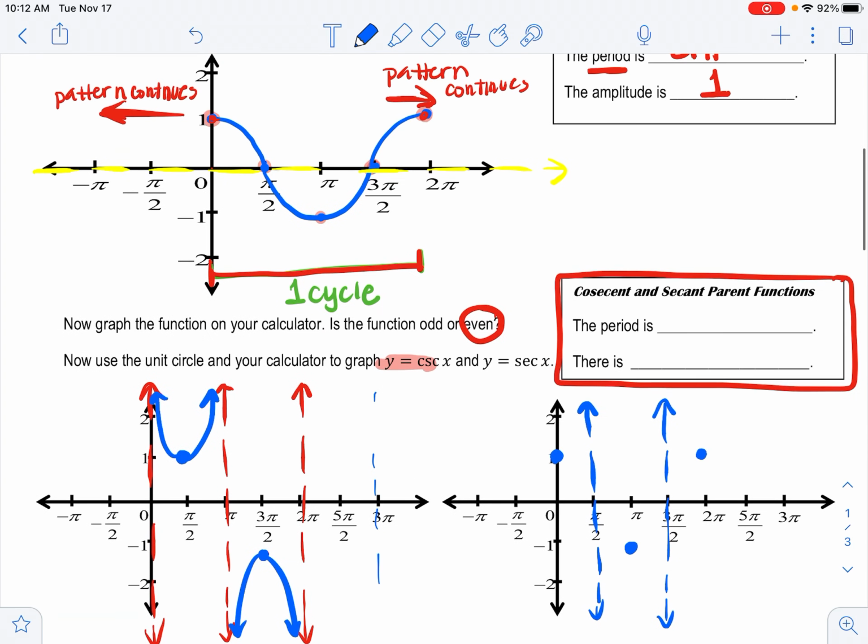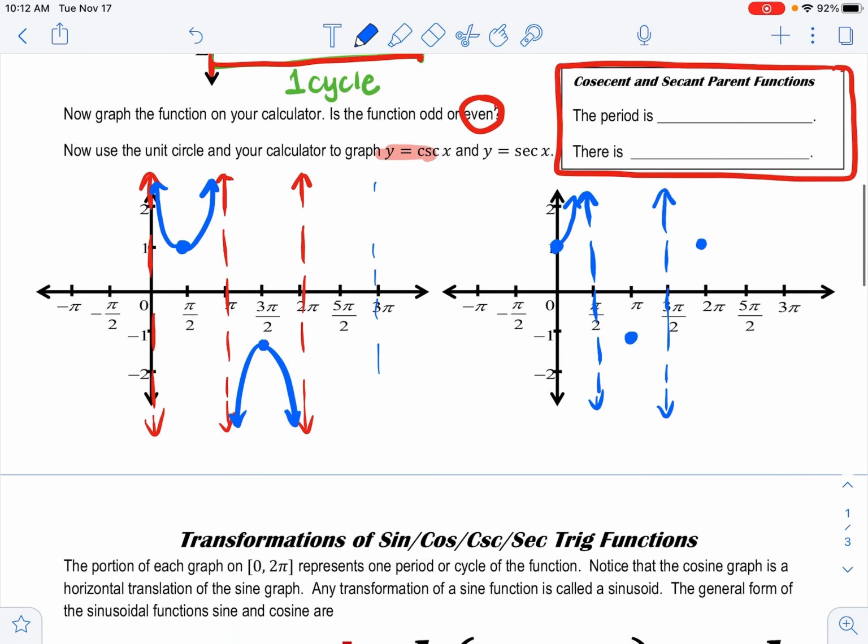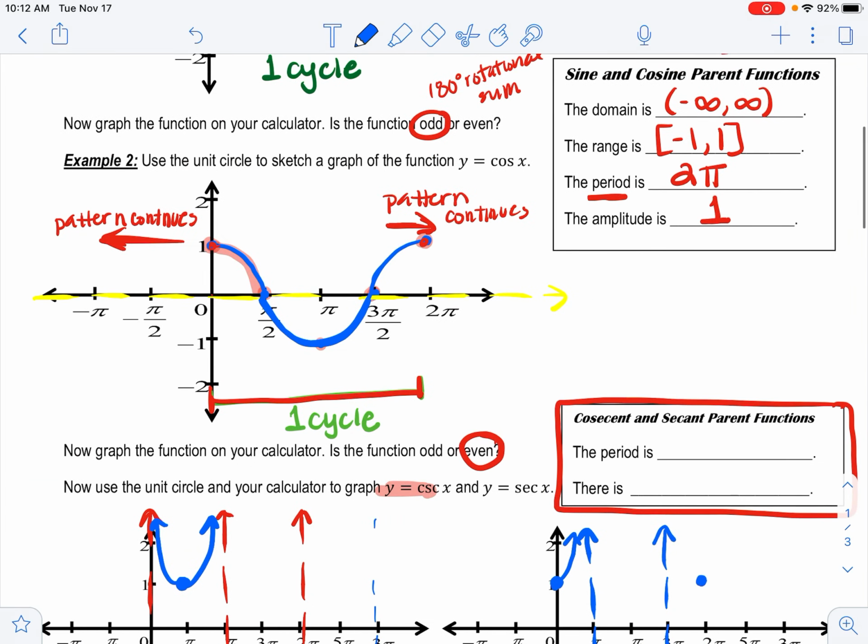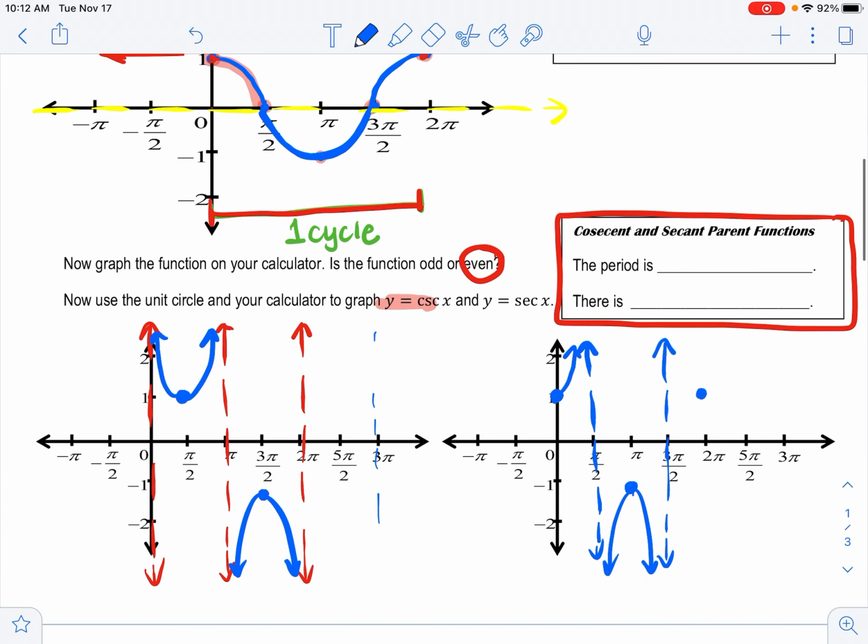Now when I want to draw this, if you think about it, this piece right here is flipped, so it's going to be upward, like an upward facing parabola. This is going to be like a downward facing parabola. And this piece is up and to the right, so this is going to be up and to the left. So that's what one cycle of secant looks like.